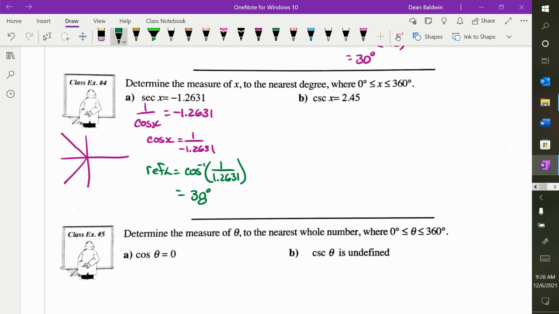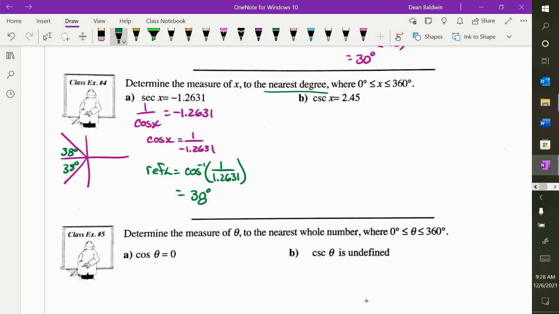You get 142, which is not a reference angle, right? So don't use the negative, only use the positive. It gives you one of the answers, but it doesn't give you the other one. Are you allowed to have a decimal point for your degree? Yeah, but they want us to do the nearest degree here. Okay. All right, so 38 degrees is our reference angle. So those are both 38 degrees.